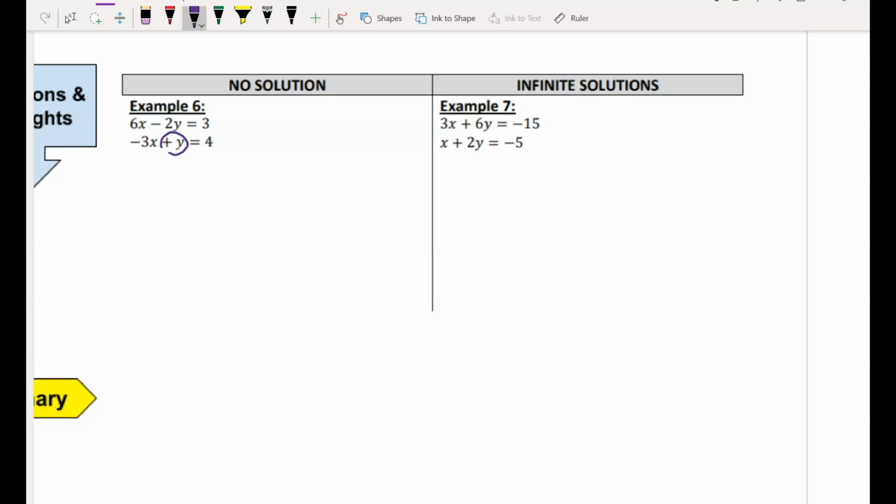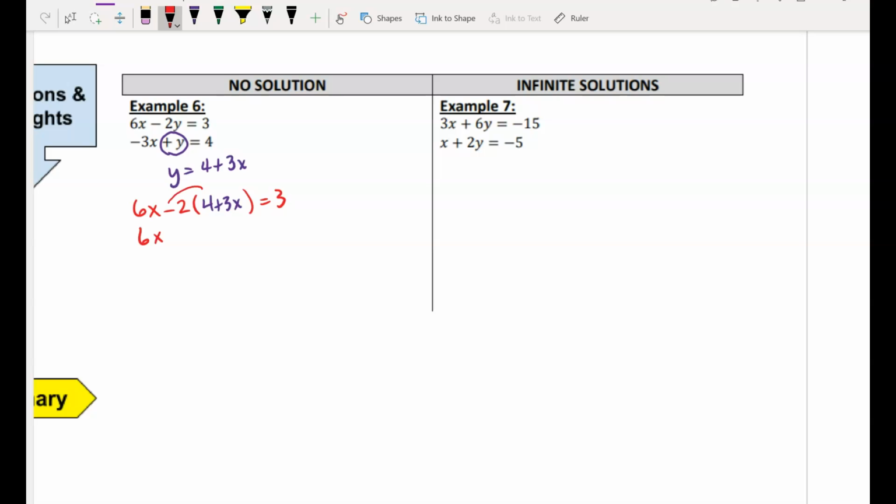Let's pick this y right here because it's the easiest thing to solve for. Y is equal to 4 plus 3x. So if I take that expression and substitute into the other equation, I get 6x minus 2 times y equals 3. Go back and substitute the 4 plus 3x for the y, and then solve for x.